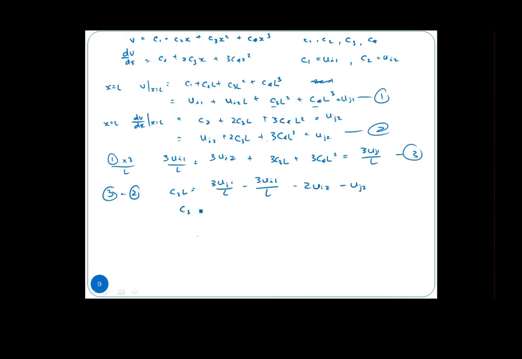So our c3 here is actually equal to 3uj1 over L squared minus 3ui1 over L squared minus 2ui2 over L minus uj2 over L. Right, so that is our c3.